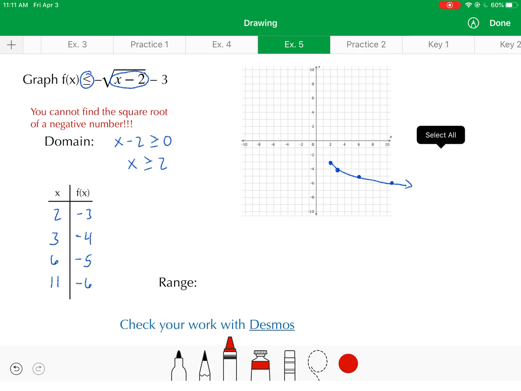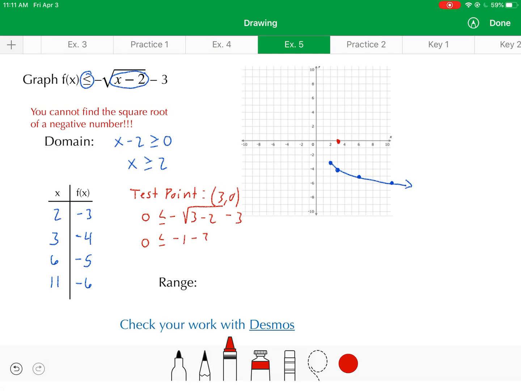I'm going to use, let's do the point (3, 0), which is above the curve, right? So if I plug that in, 0 for f of x, 3 for x, it's going to give me 0 is less than or equal to the negative square root of 3 minus 2, which would be 1.